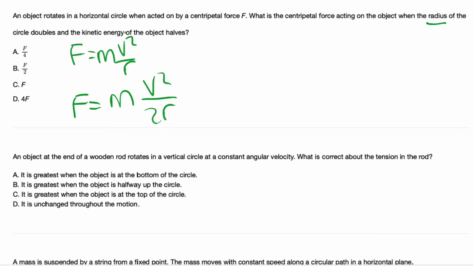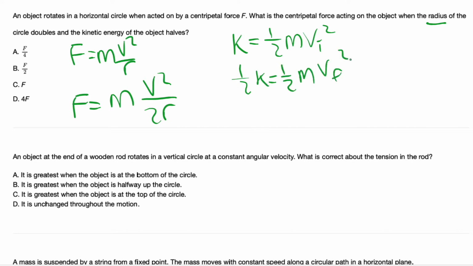However, when your kinetic energy changes, your velocity is also going to change. Initially, your kinetic energy is equal to 1/2 times mass times initial velocity squared, and then your kinetic energy is divided by 2, and this is equal to 1/2 times mass times your final velocity squared.